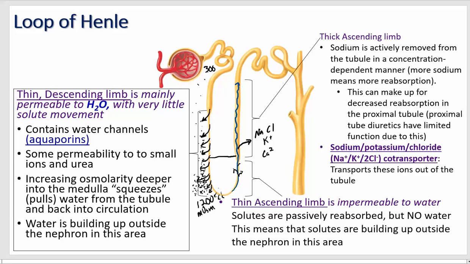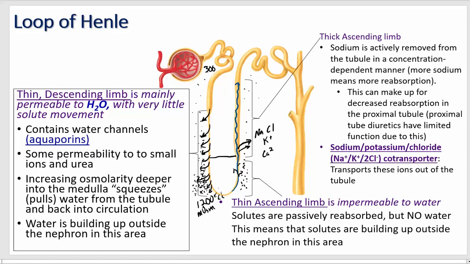All of these ions are moving out of this area, and sure, why not? All we have to do is give them a chance to move out, because again, the concentration up high is pretty low. It's not thick and murky like it was down here.